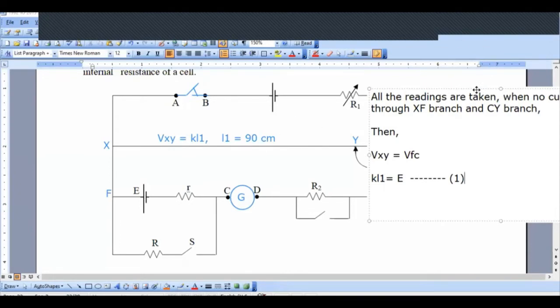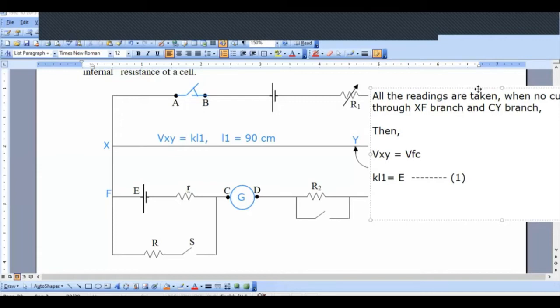Okay, dear? Is everything clear for you, Lamai? Yes, sir. Then let's go to the next part. I'll erase all the things. If you want, please take a screenshot. I'm going to erase everything that I have written.